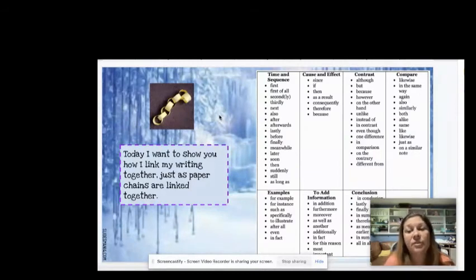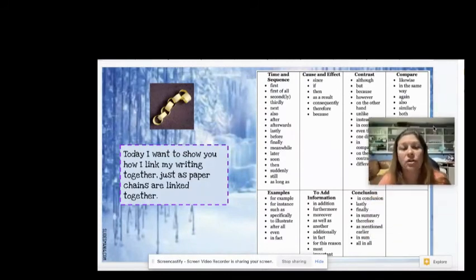When you're comparing something, you use likewise, in the same way, again, also, similarly. Or if you're using examples, for example, for instance, such as. When you're adding information, in addition, furthermore, as well as, additionally. Or when you're talking about your conclusion, you add in conclusion, or lastly, finally, or in summary. But those are just some examples.